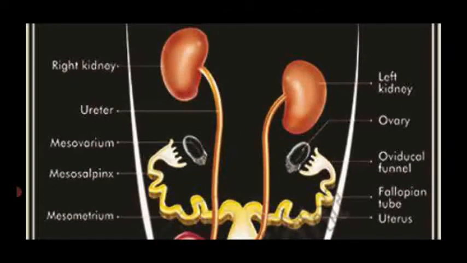Each kidney is bean shaped or reniform shaped, located in the abdominal cavity, and dark red in color.